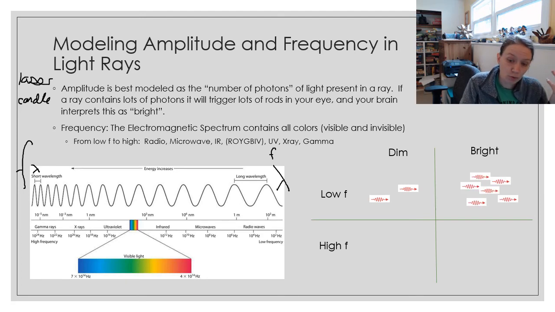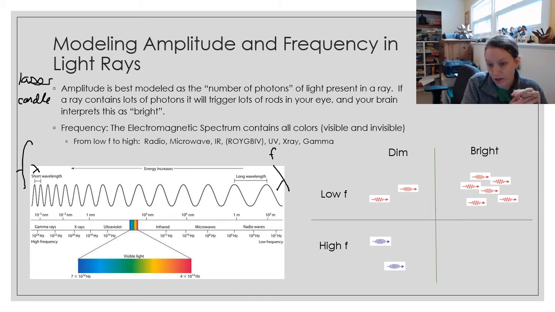If I was drawing a bright red light, I would put the same color, so the same sort of spacing with my jiggles. The only difference is that I'm going to have a lot more photons of that light, so my eye would interpret that as a bright red light. As far as changing the frequency goes, if I go from a low frequency to a high frequency, the difference is going to be both in the way I represent it in that photon, right?